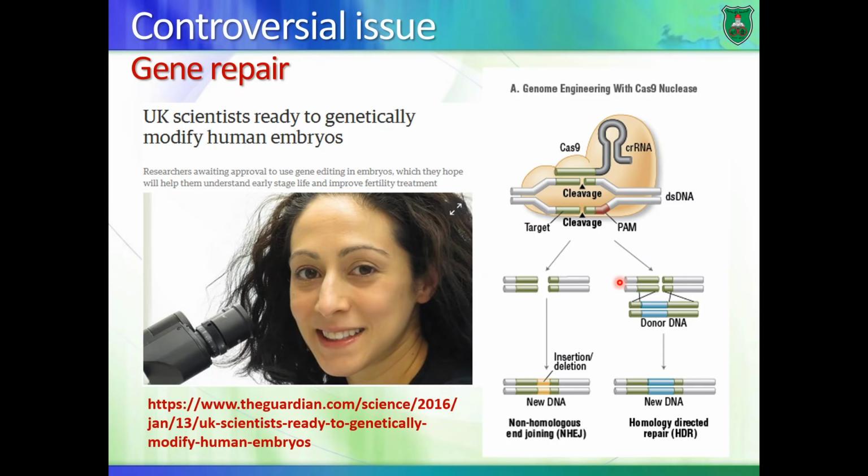And it did happen last year in China, when a Chinese scientist manipulated the genes of twins so that when they are born, they would be immune. They would not be infected by the HIV virus. And they were born, and they were healthy as far as I know so far.